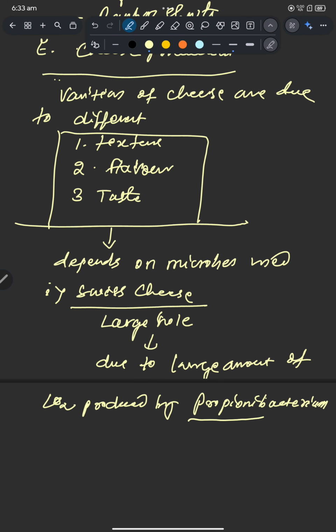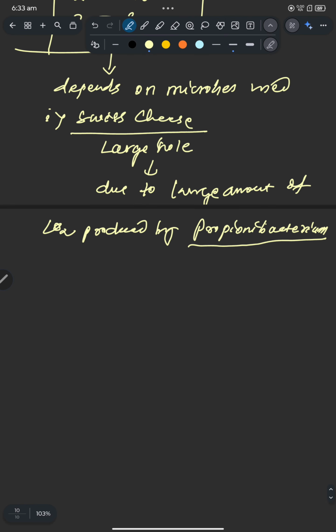You have to underline it because it is the scientific name, Propionibacterium shermanii. So you have to follow the rule of nomenclature. The large holes in Swiss cheese are due to the carbon dioxide produced by Propionibacterium shermanii.